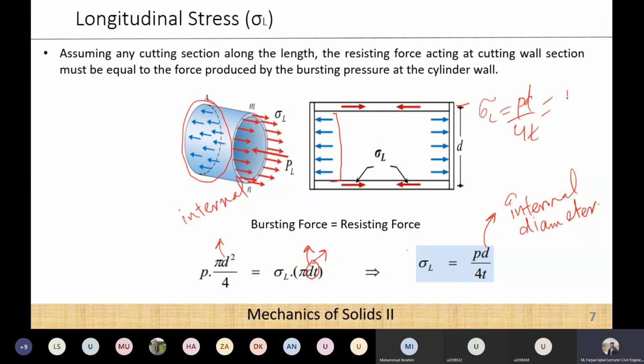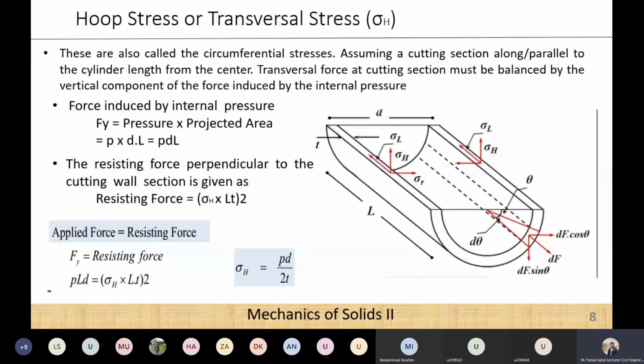But if you substitute this half thickness on either side, you may get the answer something like 9,020 psi. So there won't be much difference in the value of the stresses even if you substitute the thickness. But for the sake of convenience, you should always use the internal diameter. So just make this correction. And the same is the case for the hoop stresses, that in this equation, this diameter is the internal diameter.